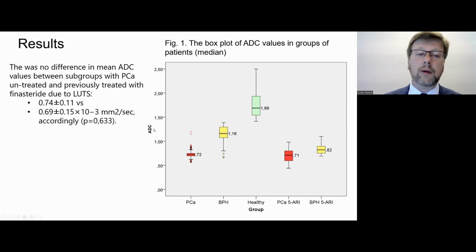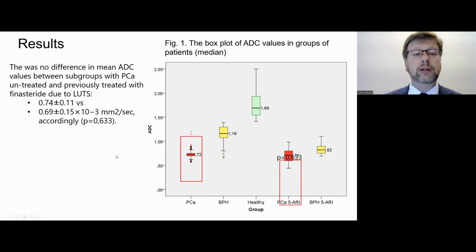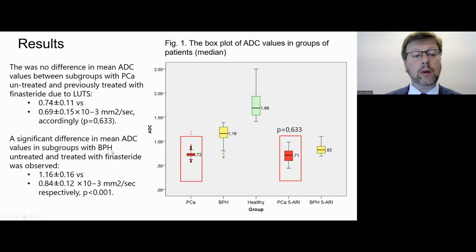In the result of our examination, there was no difference in mean ADC values between subgroups with prostate cancer untreated and previously treated with finasteride due to LUTS. And also we observed a significant difference in mean ADC values in subgroups with BPH untreated and treated with finasteride.